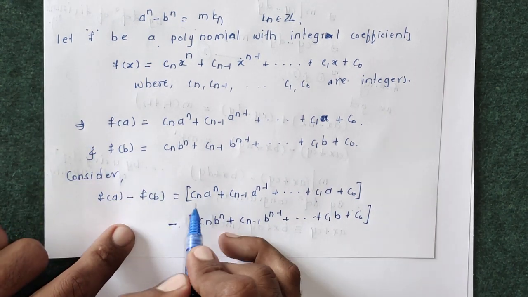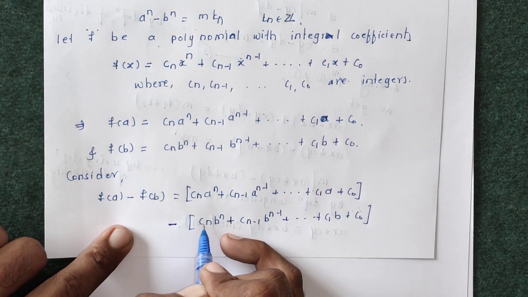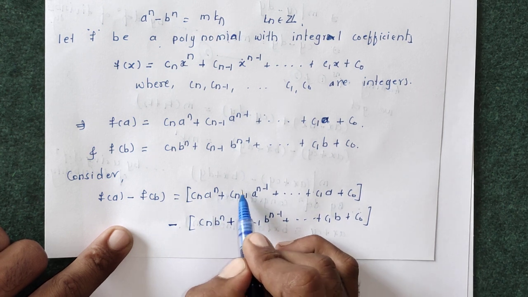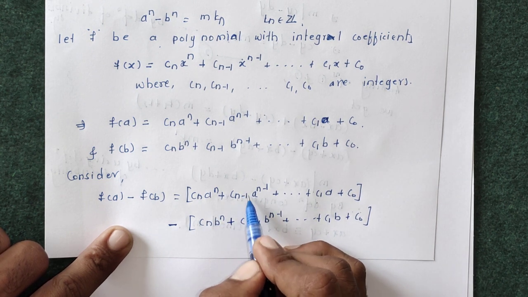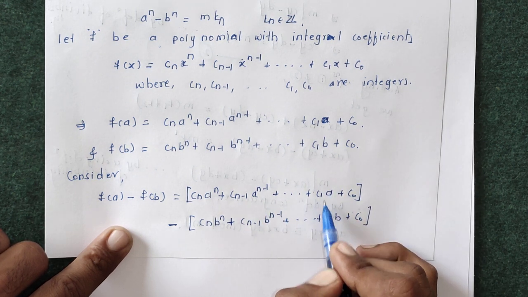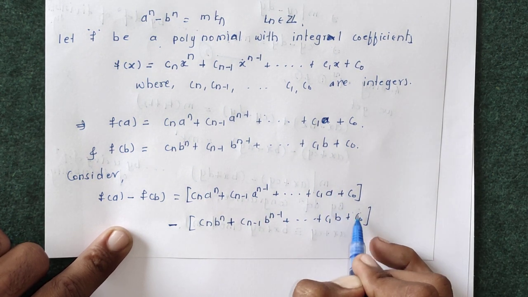So here cn and here again cn, so taking cn common from these two terms. Similarly cn minus 1 and cn minus 1, so taking cn minus 1 common from these two terms, and similarly taking c1 common from these two terms and c naught.